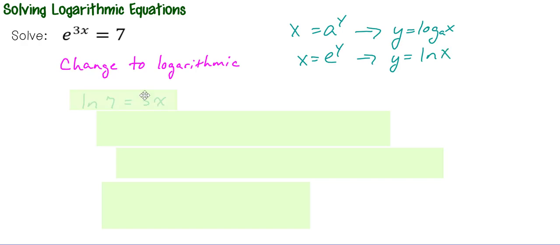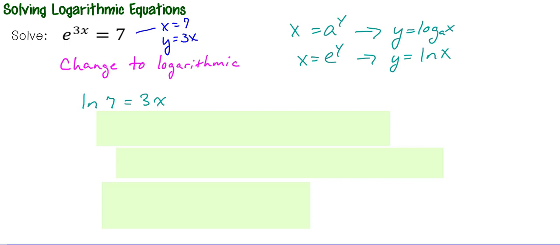So that's ln 7, because remember x is on the other side. In this case, for this equation right here, x equals 7 and y equals 3x. And our a is e, but we don't have to list it because it's a natural logarithm.